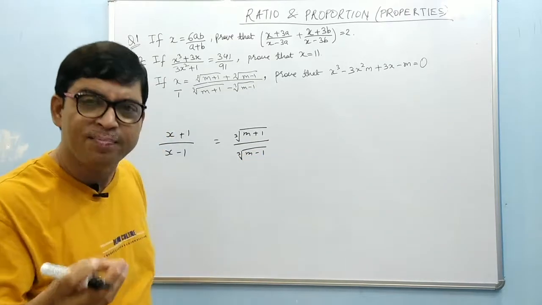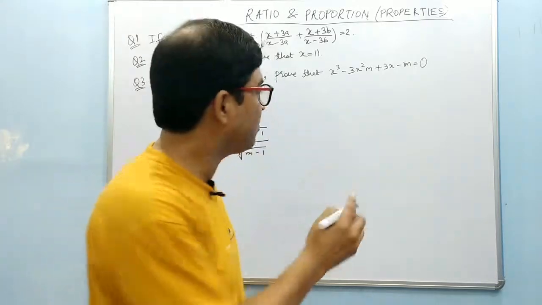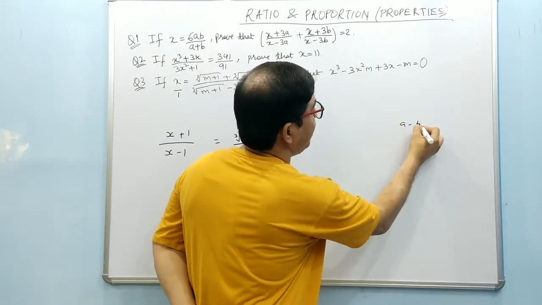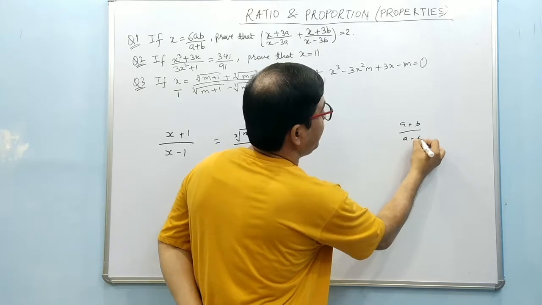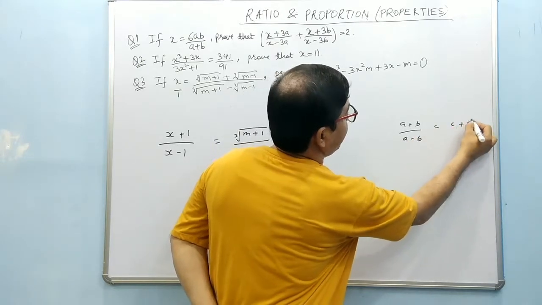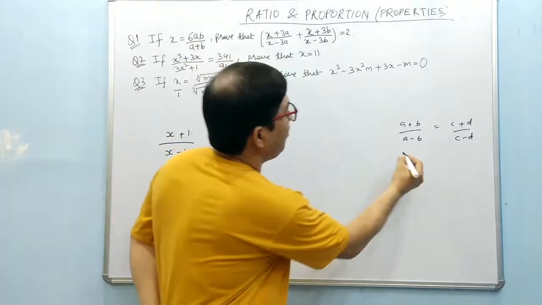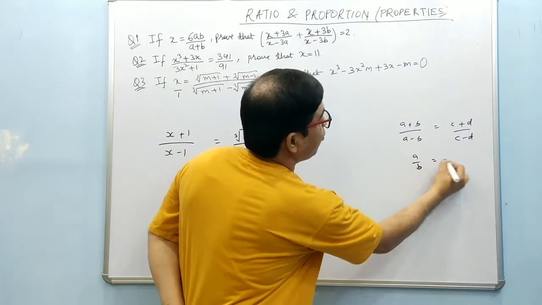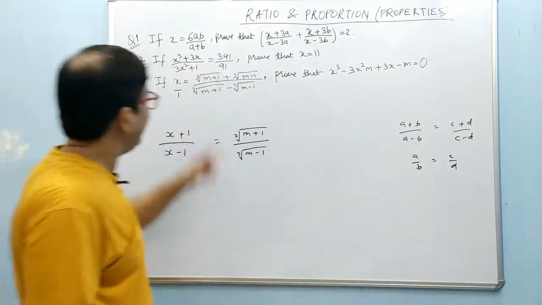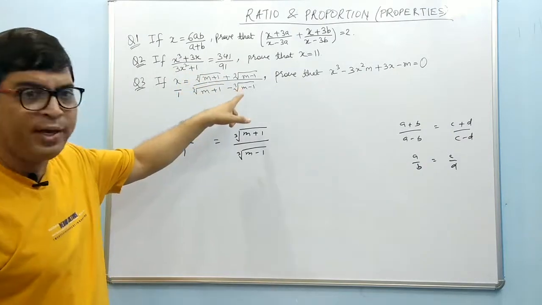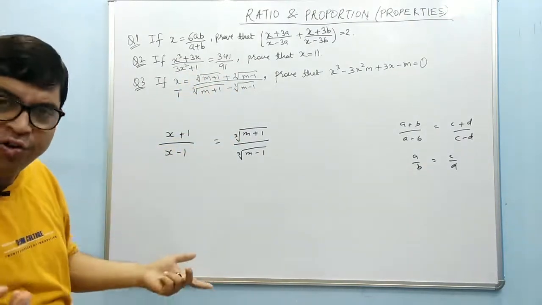I have just written a simple step because I explained to you that (a+b)/(a-b) is equal to (c+d)/(c-d). On applying C and D, it will be a by b. It will be c by d. Same way, (a+b)/(a-b). So this is a by b. I wrote it.